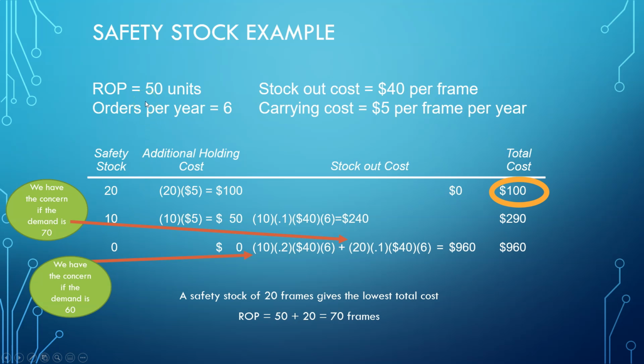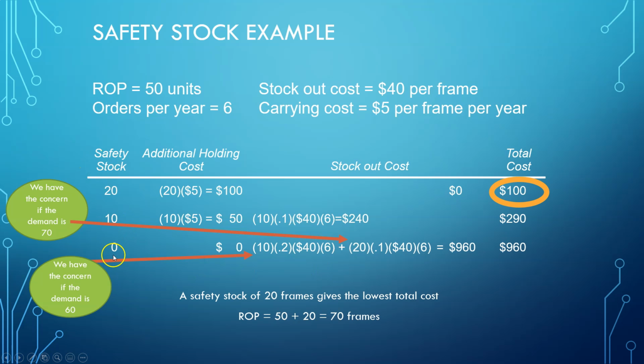So we are short by 10. With a short of 10, the probability is 0.1, and that will be multiplied by $40, the cost of stockout per frame, and then by 6 orders, which will equal $240.